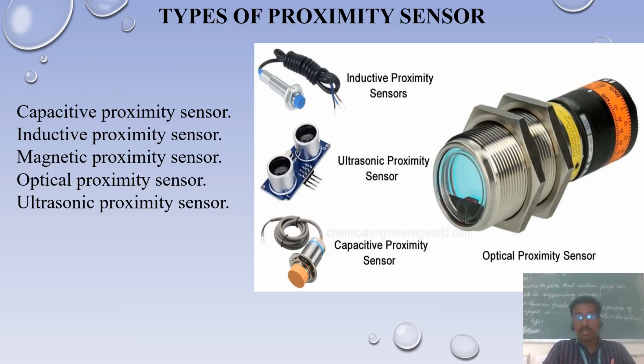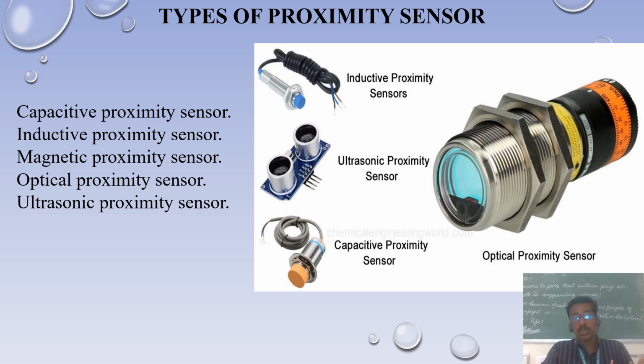So next, these are the different types of proximity sensors. I already explained the proximity sensor. It won't have a direct connection with the objects; it reads the movement of each and every object and stores it in the computer system. So we have capacitive, inductive, magnetic, optical, and ultrasonic proximity sensors. These different types of proximity sensors are based on the different mechanisms or materials used to fetch the data.